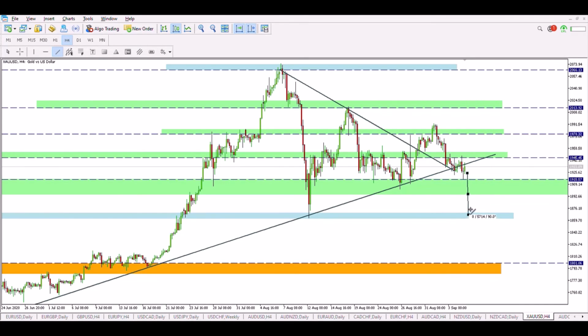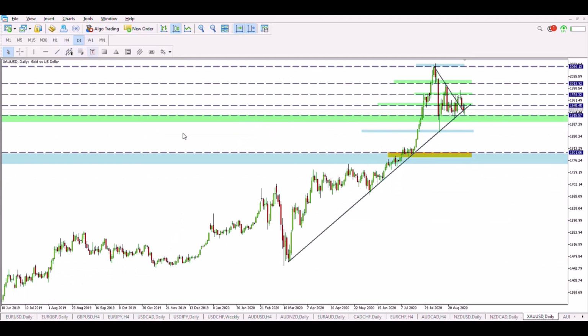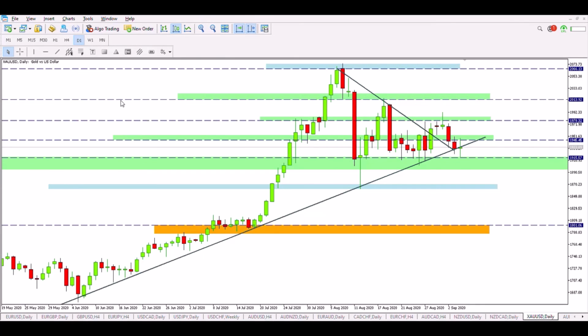And if we break it, and this break can be very easy, it can be hard, it can be easy, we can see a drop down to the 1800 area zone. As you can see, we're still in a bullish trend, so have this in mind when you're trading.